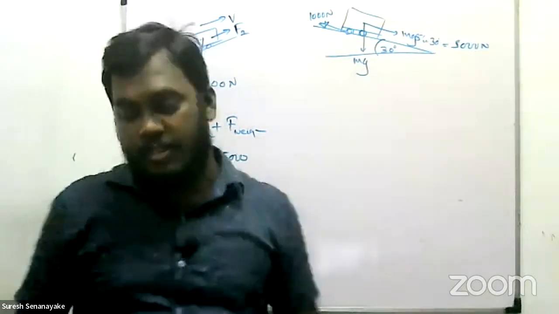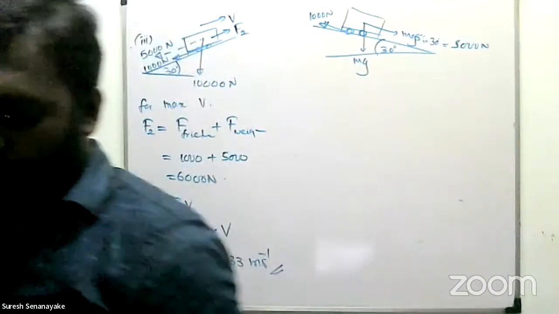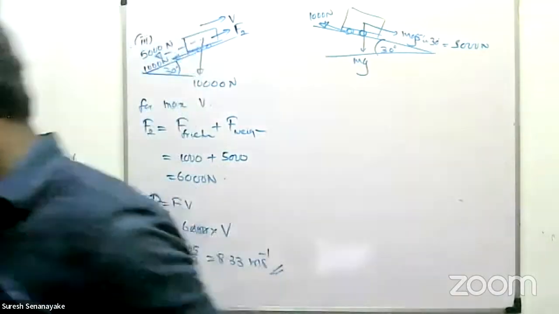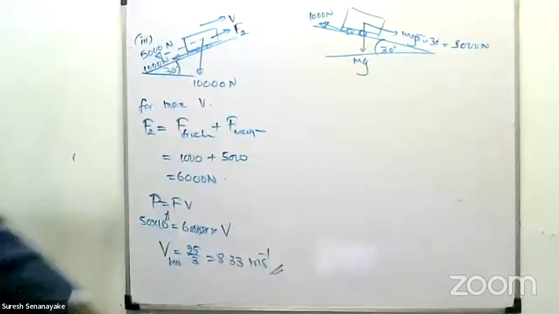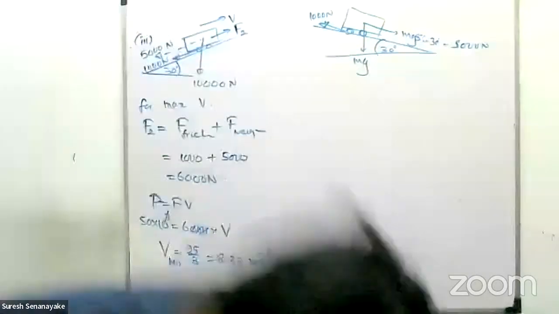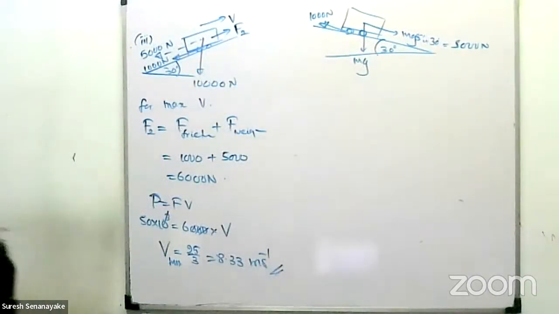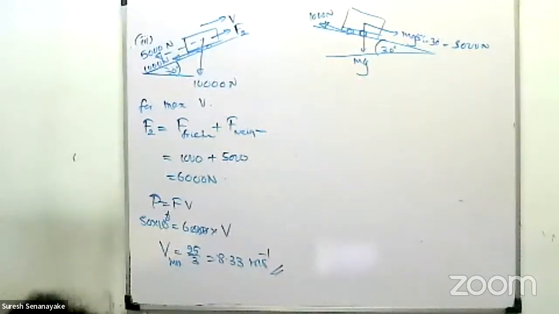Last case, then, in this case the component of the weight is greater than the total resistive forces. The component of the weight is greater than the total resistive force on the vehicle.